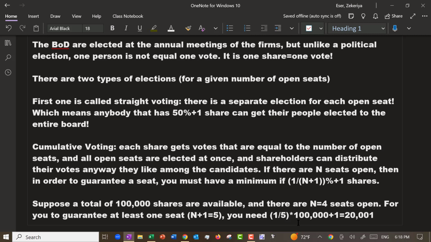So if you have slightly over 20% of the shares, you're guaranteed at least one seat.